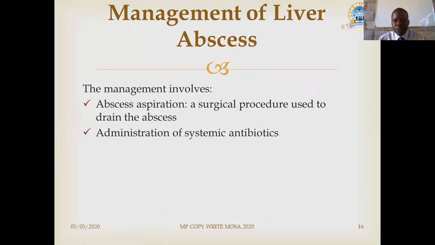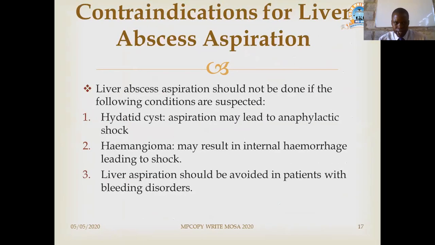So the pus that we are discussing, the pus that has been identified and isolated through various investigations, ultrasound scan, CT scanning, has to be aspirated or drained surgically. Also, administration of systemic antibiotics to get rid of infection is one of the management.